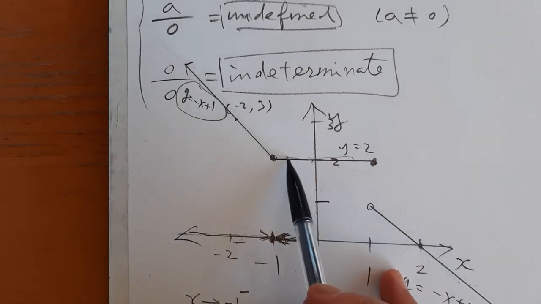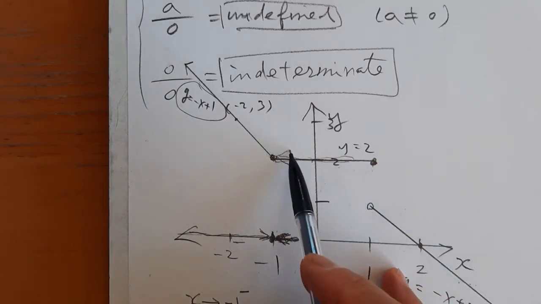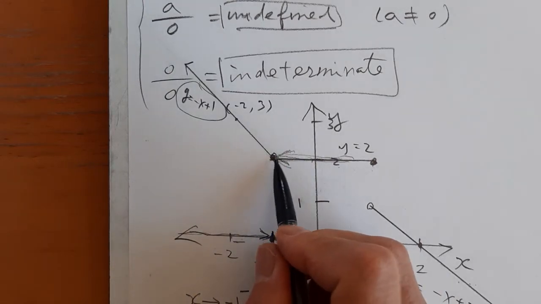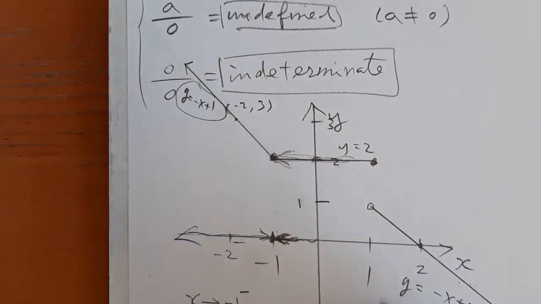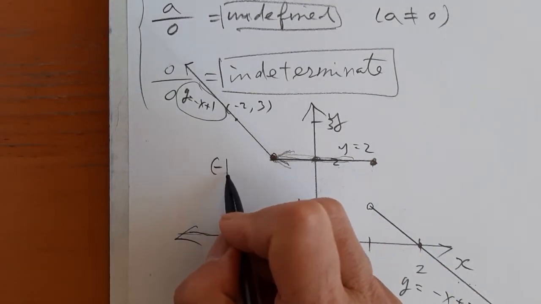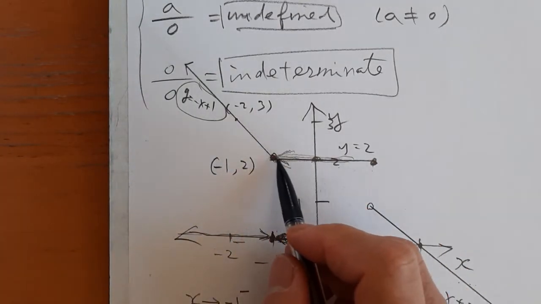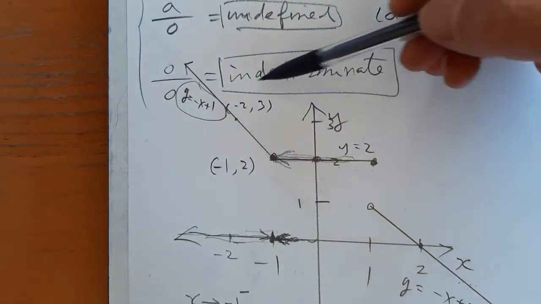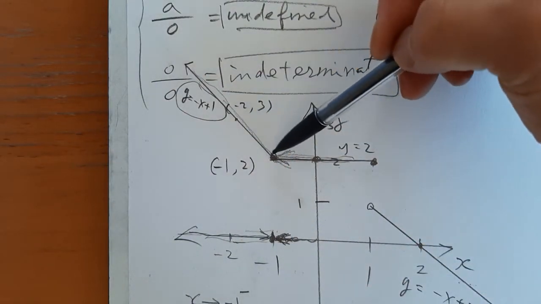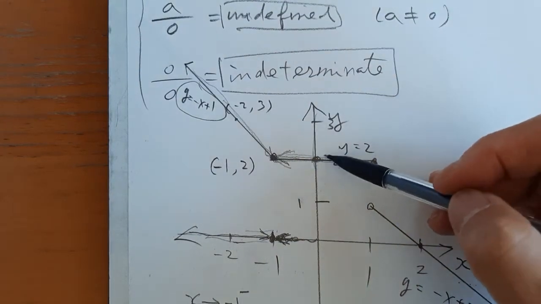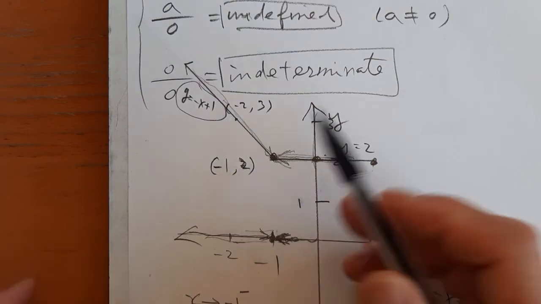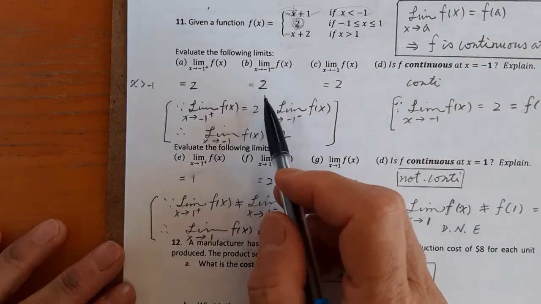When x approaches -1 from the right-hand side, y approaches 2, because this point is (-1, 2). And when x approaches -1 from the left-hand side, the function value y also approaches 2.